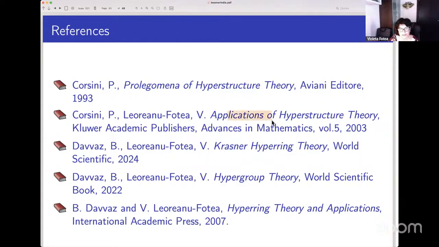The book that I mentioned about applications, and together with Professor Davvaz, I wrote 3 books. One about hyperring theory and applications, the second one about hypergroup theory, and the last one about Krasner hyperring theory.